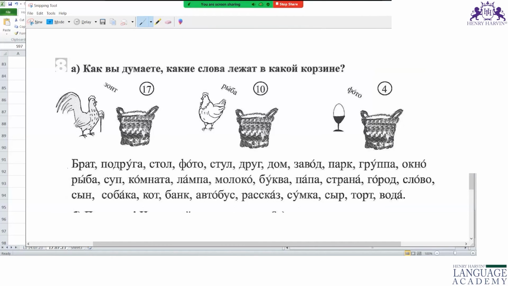Brat, stool, stall, drug, doom, zavod, park, sorry, soup, gorad, sin, savak, coach, bank, octobus, raskas, sir, torch.